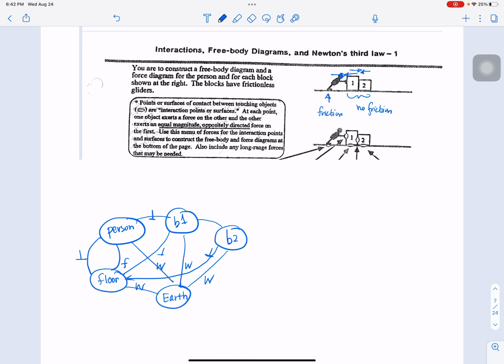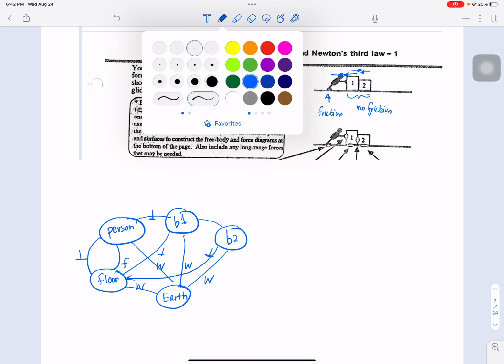Now, we want to talk about this sentence here. At each point, one object exerts a force on the other, and the other exerts an equal magnitude, oppositely directed force on the first. And that is why we draw a line between two objects that are touching each other, or in the case of the earth, two objects that are interacting with each other. So I'm going to write this out.